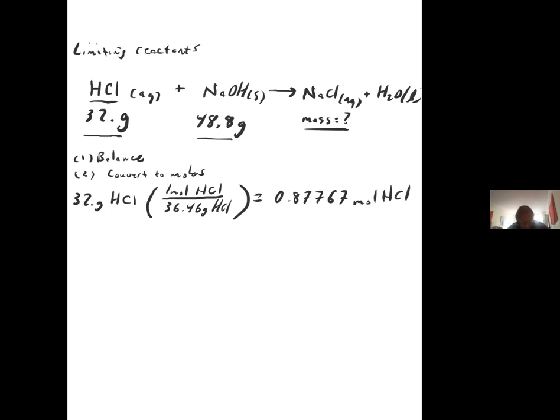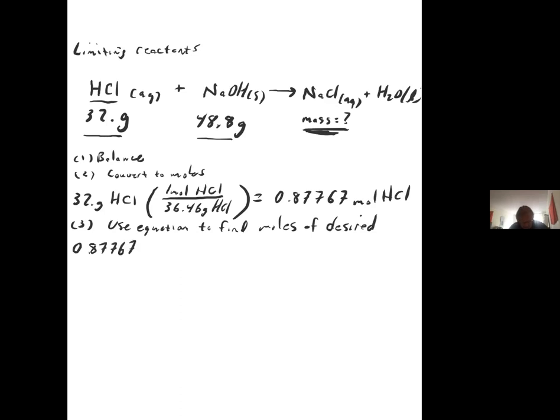Step 3, use the balanced equation to find moles of the product, or moles of the desired material. The desired material here is sodium chloride, NaCl. That's the one they're asking for. So let's do that. 0.87767.